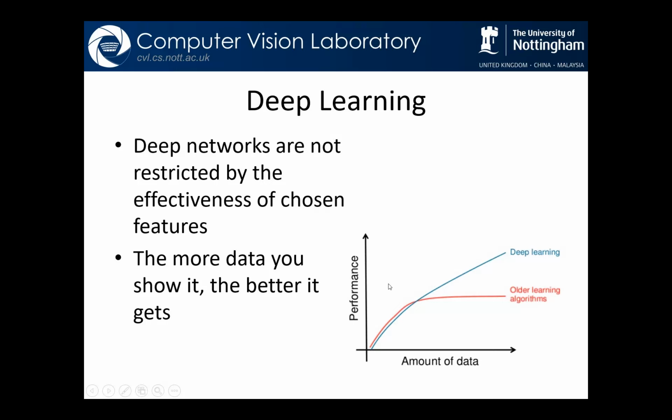I can, for example, show my shallow neural network more and more images of root tips, but after a while it will plateau out and not get any better. But deep learning, because it learns better and better representations of features as well, is much less constrained. We put a much deeper network on, and then we just keep giving it more and more data, and the more data it sees, the better it will get.